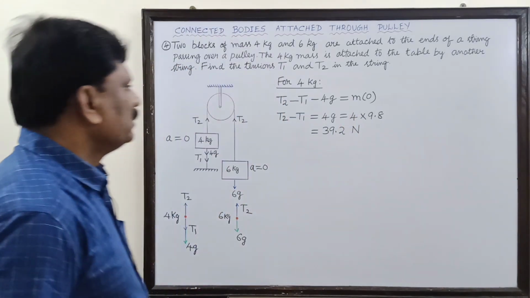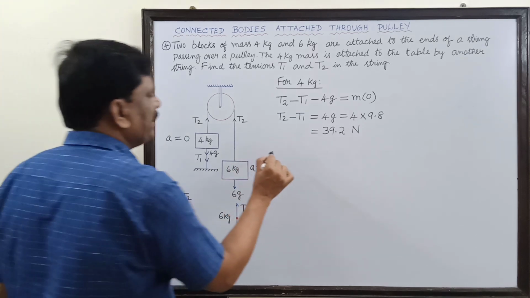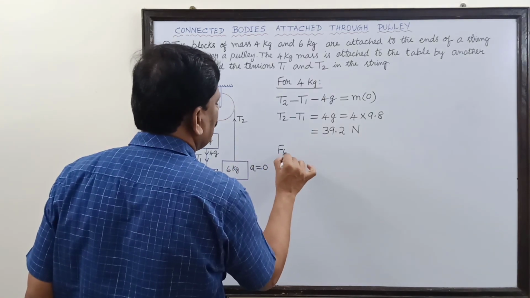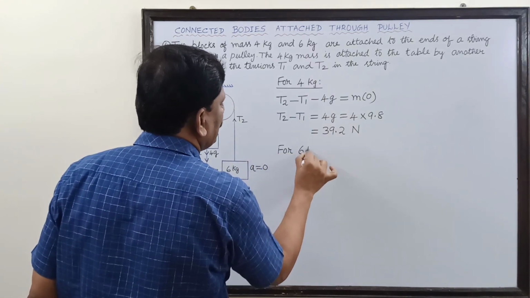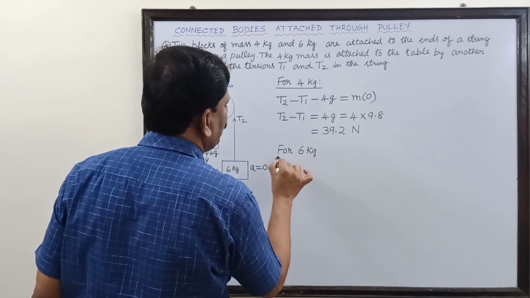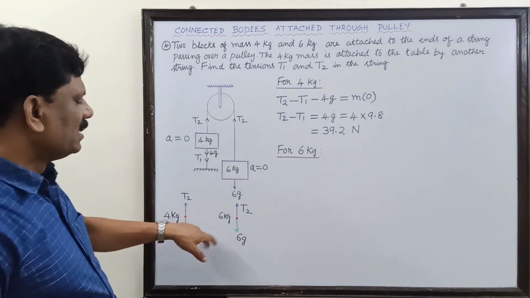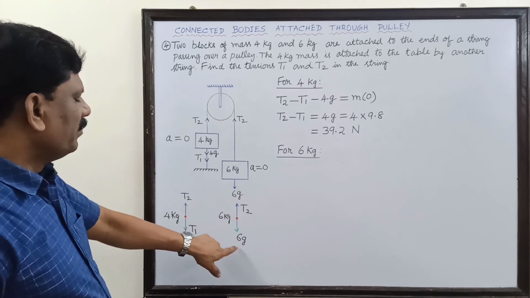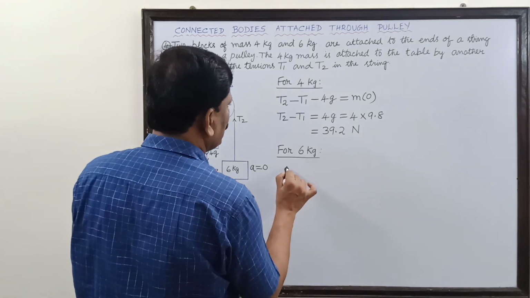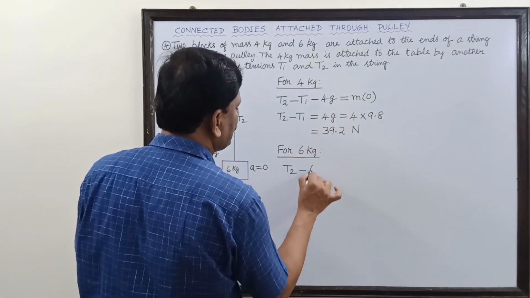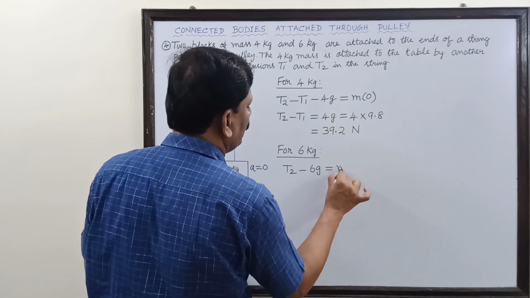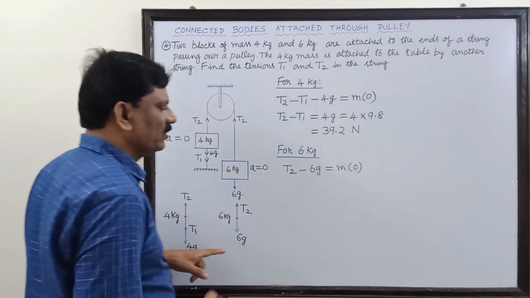Okay. Now for the 6 kg mass, if you write the equation based on the free body diagram, T2 minus 6g is equal to mass into acceleration, which is 0.